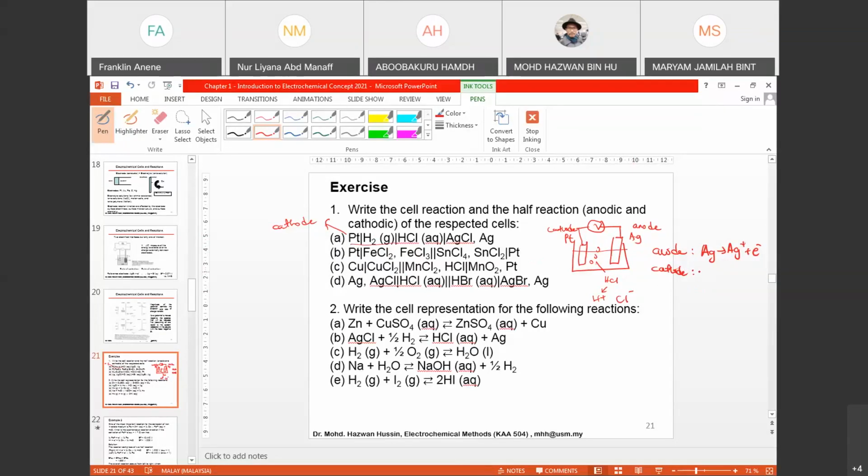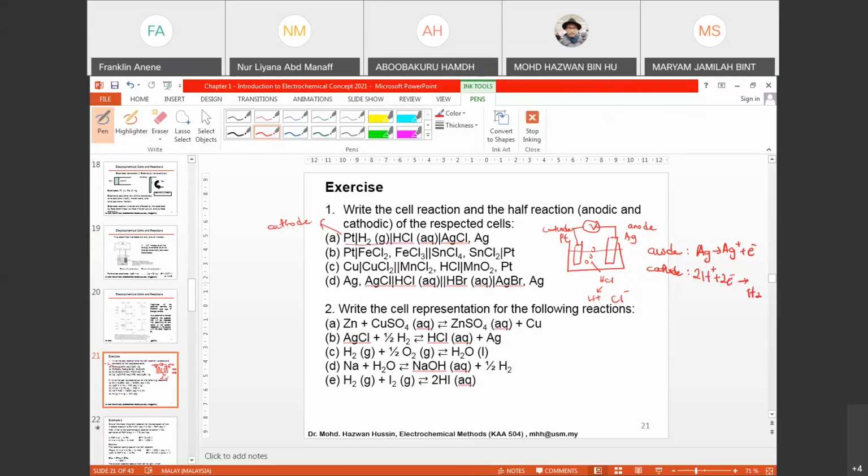Then the reduction process will be 2H plus plus 2 electrons giving H2. You can balance the equation by balancing the electron number, and then you have the overall: 2Ag plus 2H plus giving 2Ag plus and H2. Any questions so far?